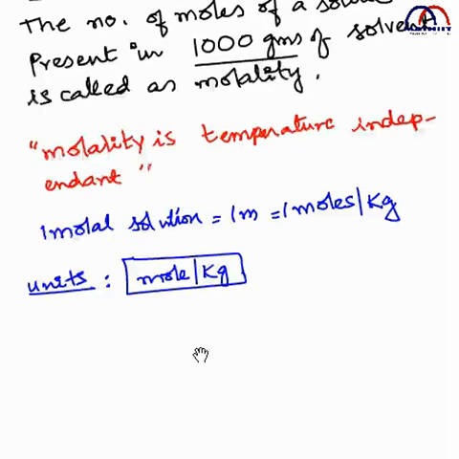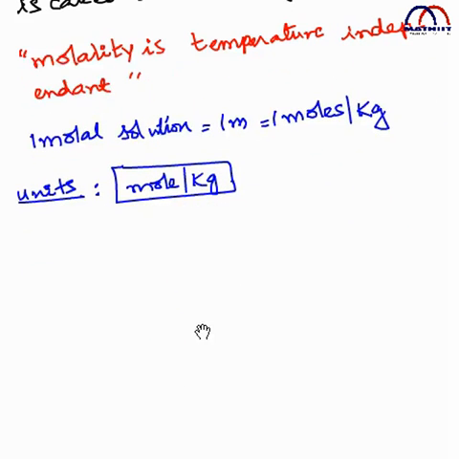Now it is very simple to find the molality of a solution. Let us take a simple example. Suppose the weight of the solvent is 1 kilogram. It is more appropriate to say the number of moles of solute associated with 1 kilogram of solvent.